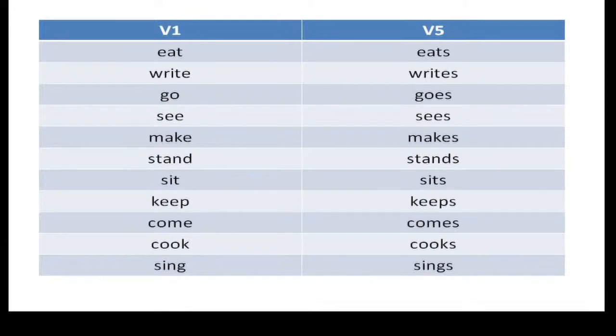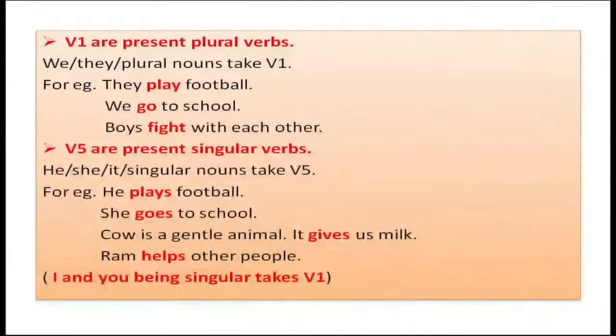See, sees, make, makes, stand, stands, sit, sits, keep, keeps, come, comes, cook, cooks, sing, sings. Now these are some of the verbs which I have picked out with their two forms, that is verb 1 and verb 5. Now we'll have a look on next slide.